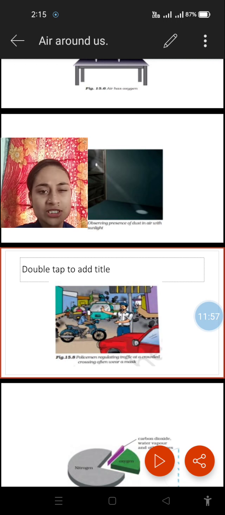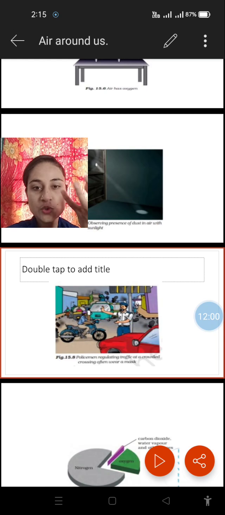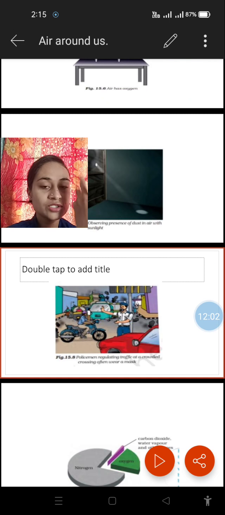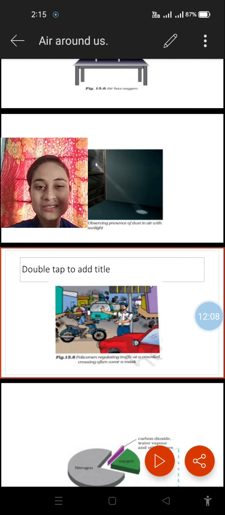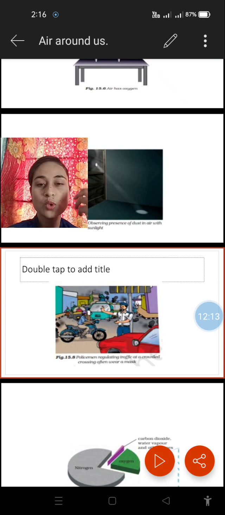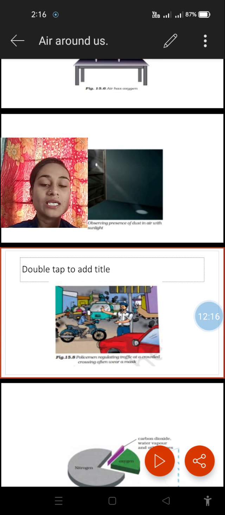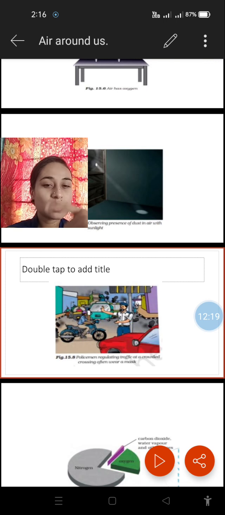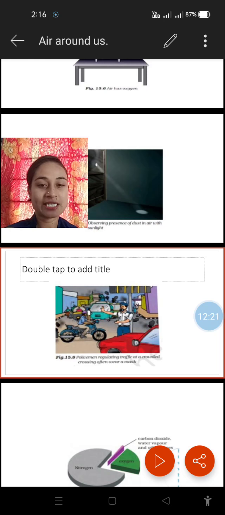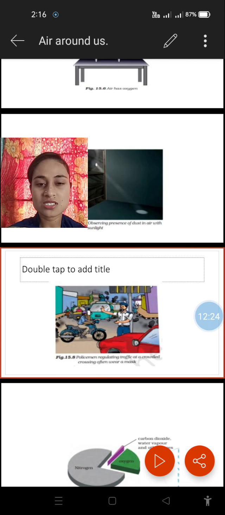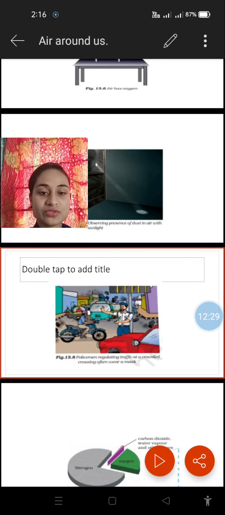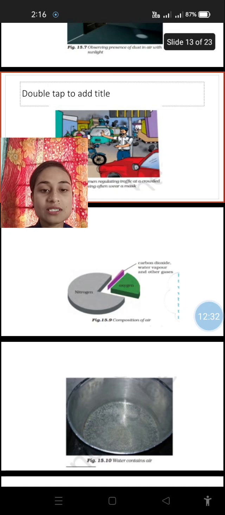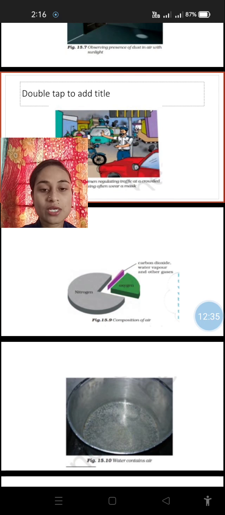From this we can observe that pollution has increased so much that on the roads it is impossible to walk without wearing a mask, because when all the dust and polluted particles go inside our bodies, our body becomes irritated, because of which we start getting suffocation, and various other diseases start occurring due to inhalation of polluted air.